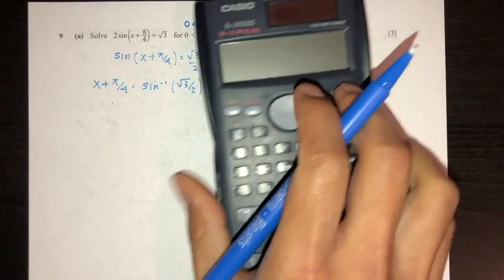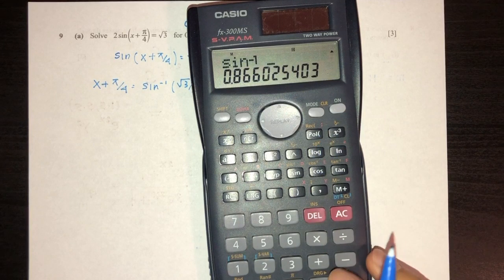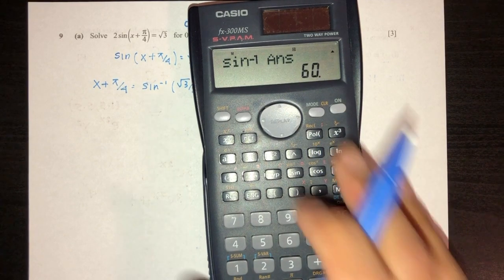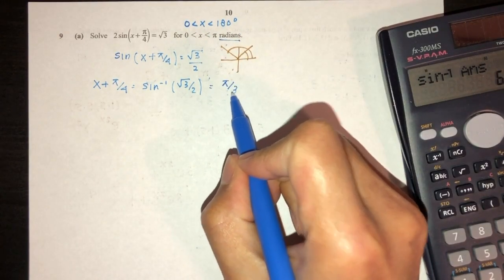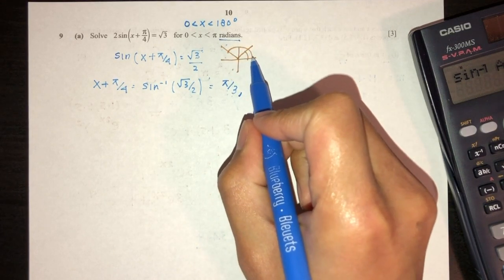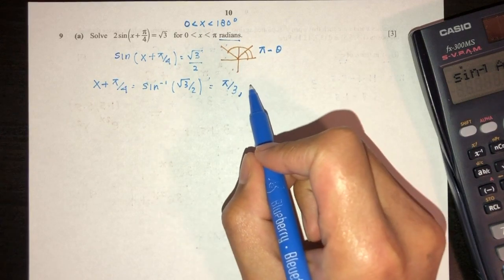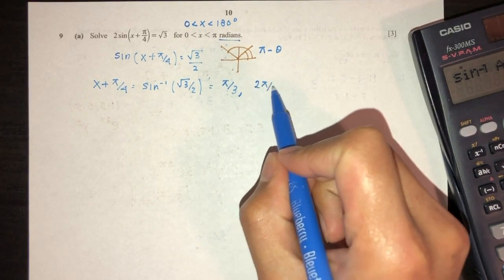So let's see what we get. Root 3 divided by 2, we have sine inverse of that. That should give you 60 degrees, which is pi by 3 radians. Now we also have the other value, which is 180 degrees minus theta, which is pi minus this. That will become 2 pi by 3.